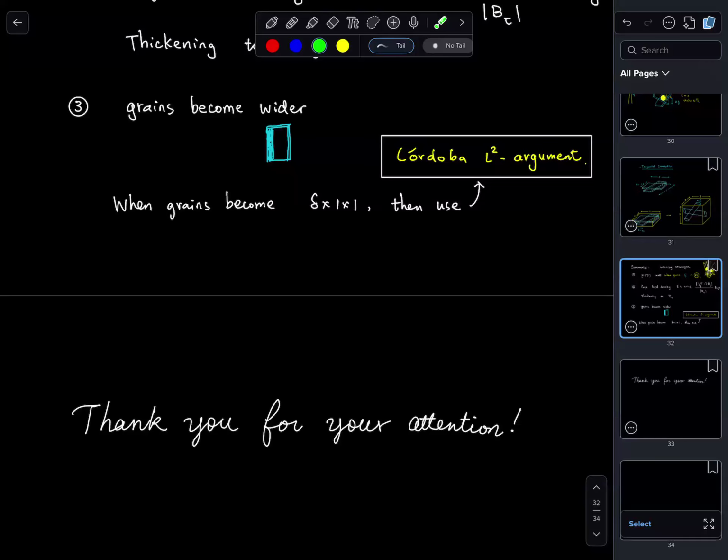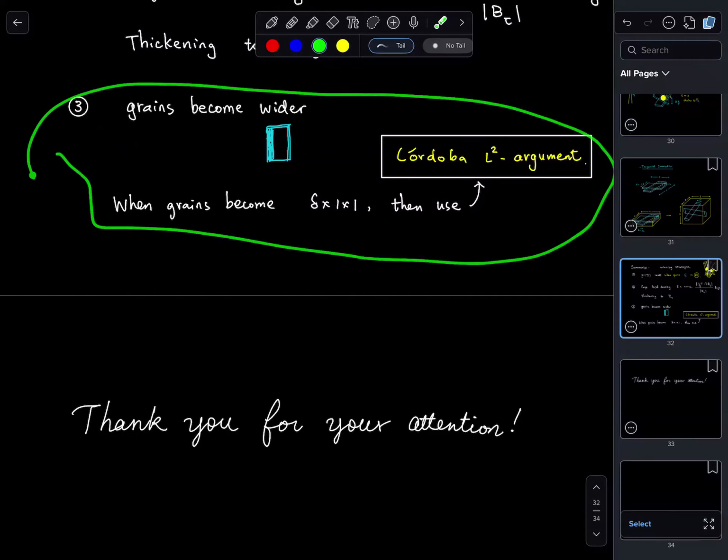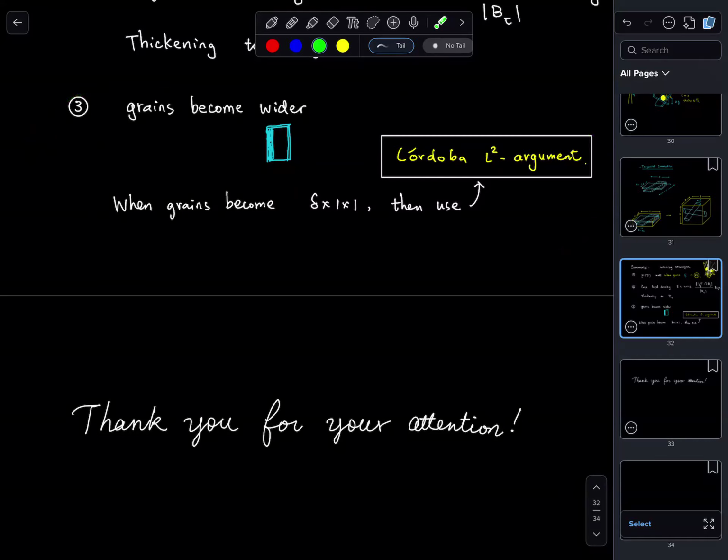Then we can use just the L2 argument we studied in the first lecture to give a nice bound on the volume of their union. So the third case is when we have to stop somewhere nice. When the grains become wider and wider, we could finish the argument using the L2 Cordoba estimate.